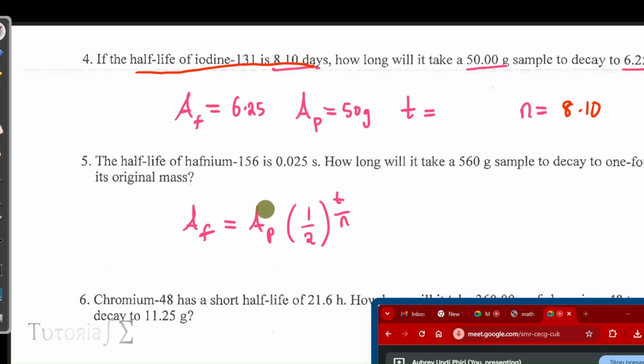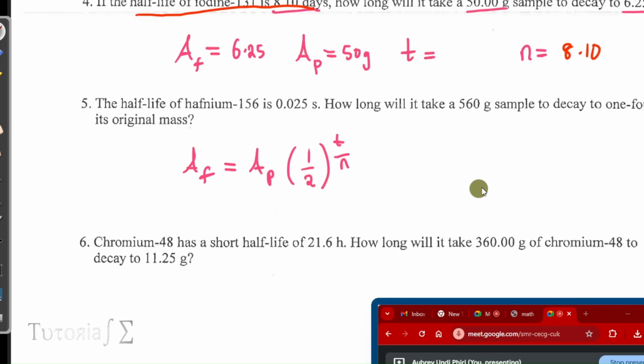Hope you're writing somewhere. So it's just about plugging in and making either T, N, AP, or AF subject of the formula. The half there will always be constant.